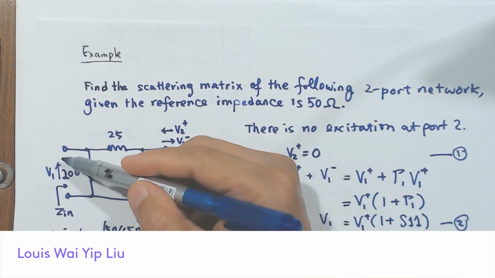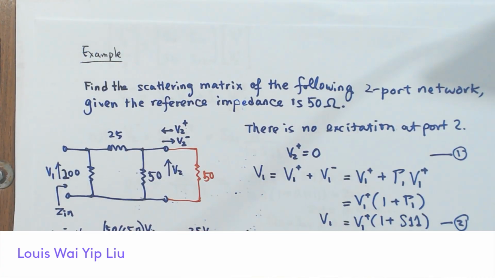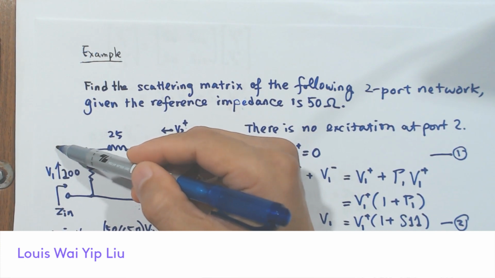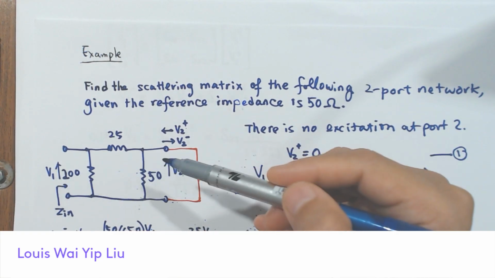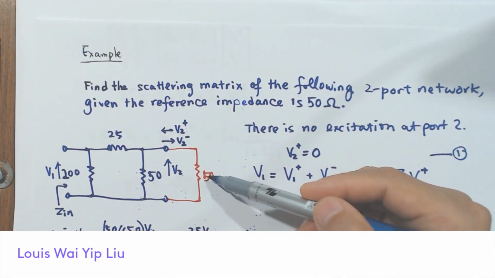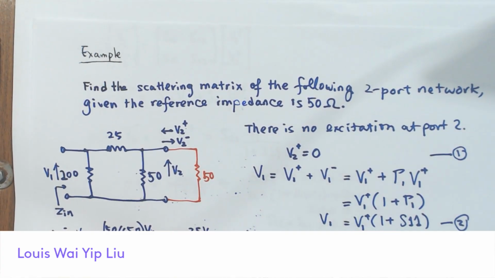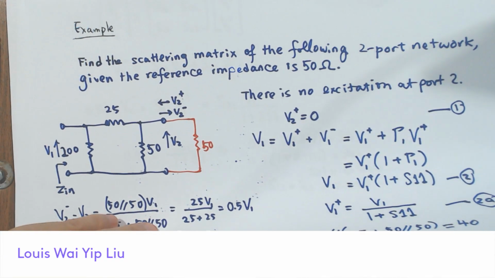We have to short circuit the source to find it. So we terminate, we have a series resistance here, 50 ohm, and then we short circuit the source. And then we are going to find the reflection coefficient. So let's try this.